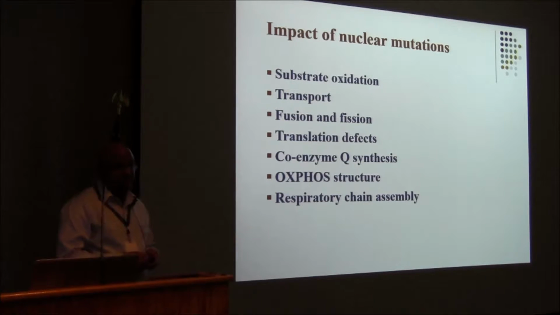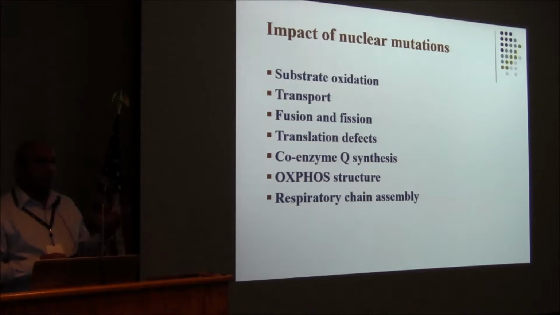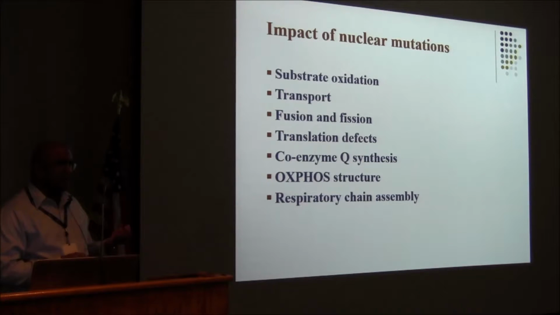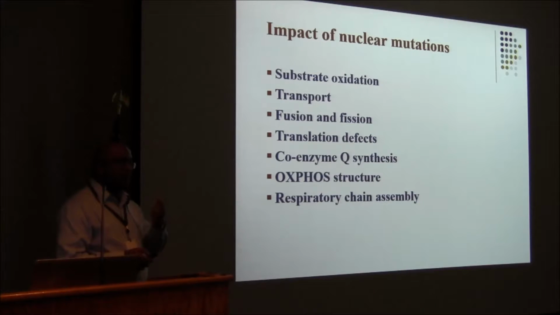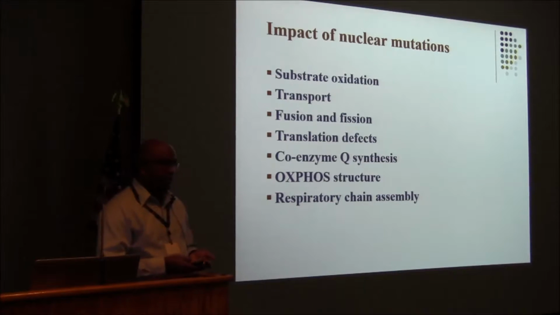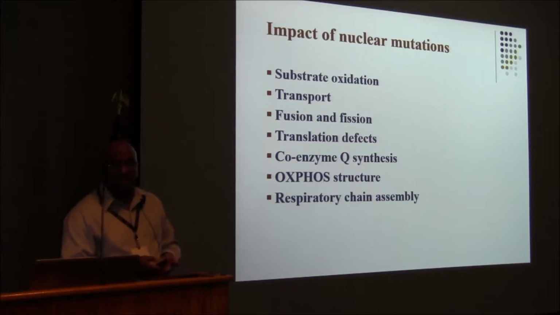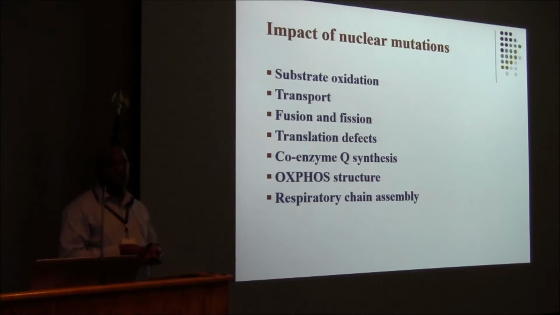And fission and fusion: mitochondria, since they are bacterial in origin, they divide by fission and fusion. So one way for mitochondria to overcome the mutation load in the mitochondrial DNA is by fission and fusion.